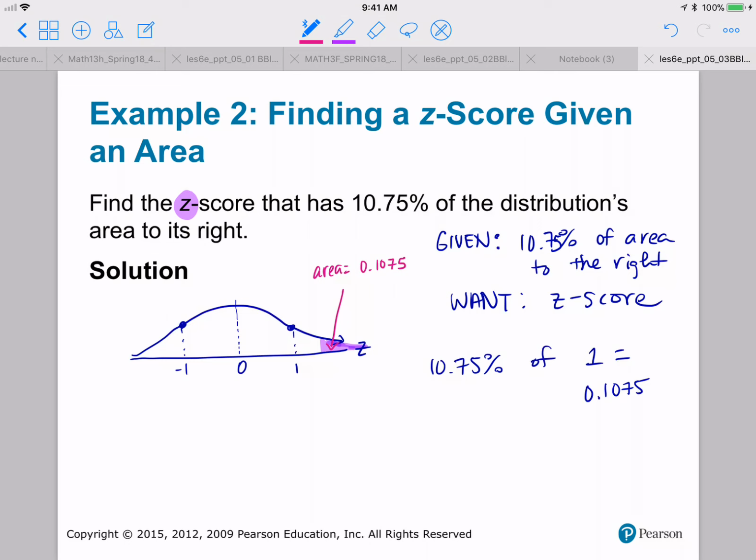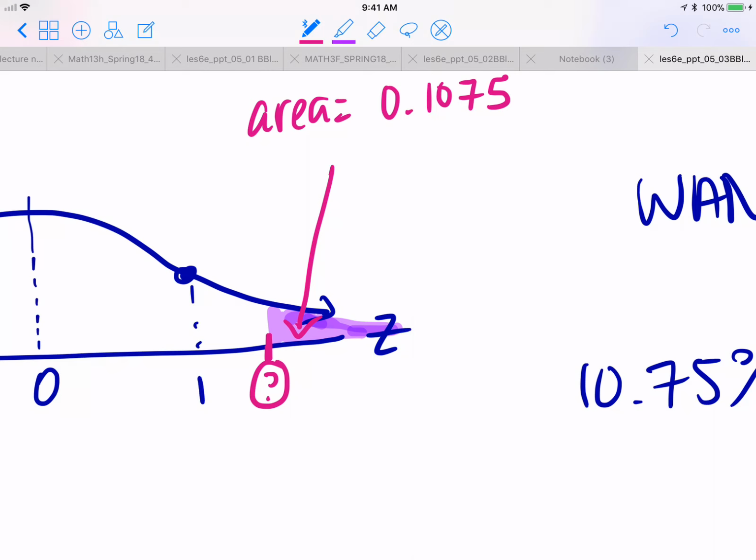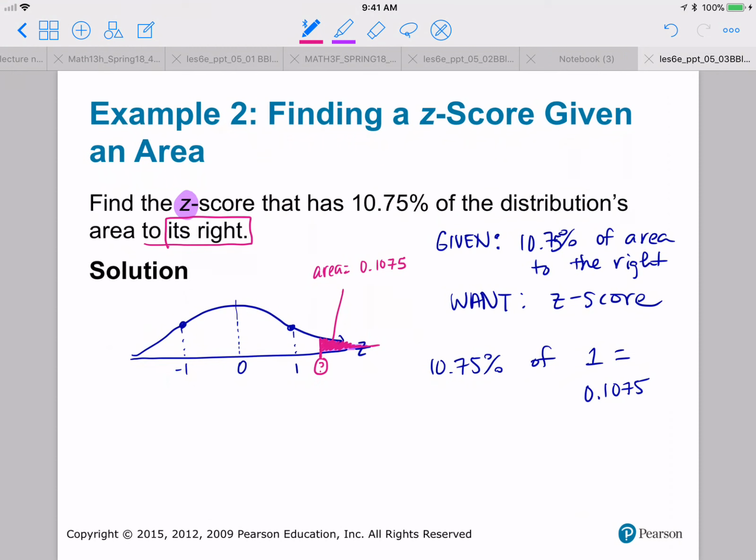Now, why did I shade it to the right instead of to the left? Because it says here to its right. And the question mark is what we want: the z-score that has this area to the right equal to 0.1075.